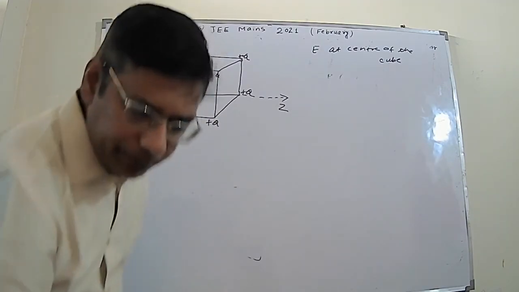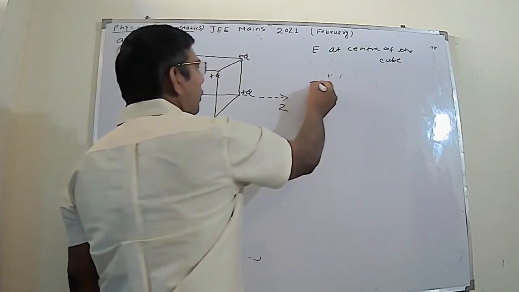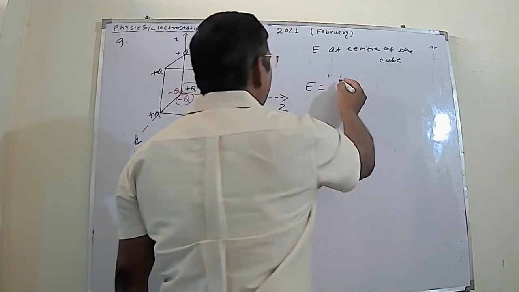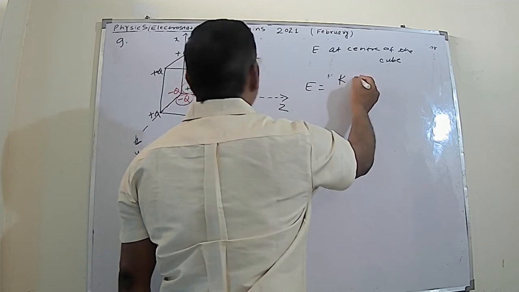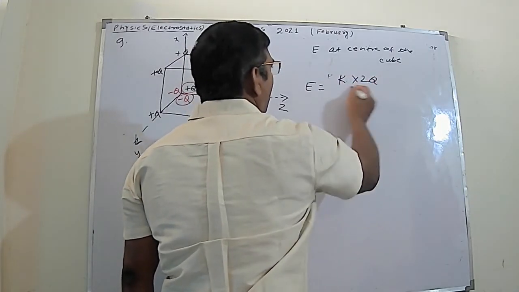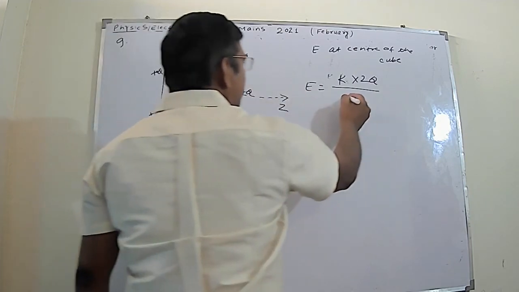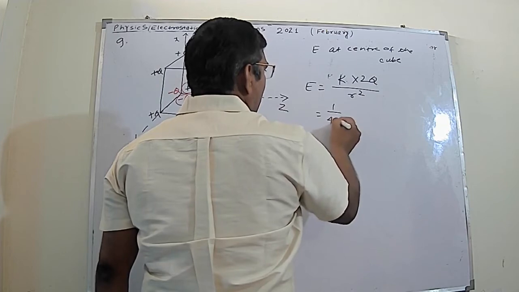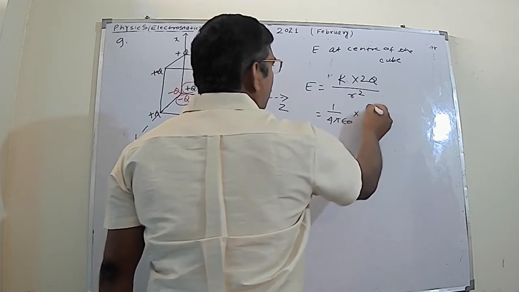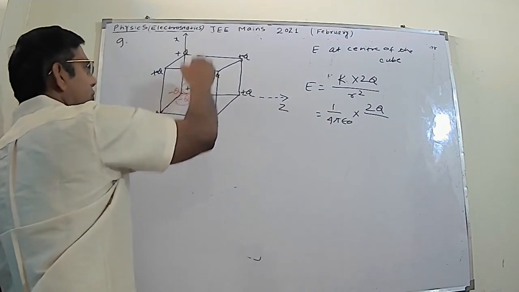In this problem, for finding the electric field, we can simply write kq upon, we know that it's k into 2q upon r square. So from the center the distance is, k is 1 upon 4 pi epsilon naught, 2q, and its direction will be towards this one, towards the charge.